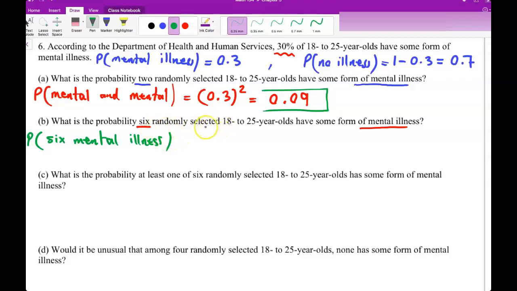Again, since we have randomly selected, these are independent, and that is equal to, for each one we have 30%. Since I have 6, use power 6, or you can multiply 30% multiplied by 30%, so all of these. The answer is 0.000729.